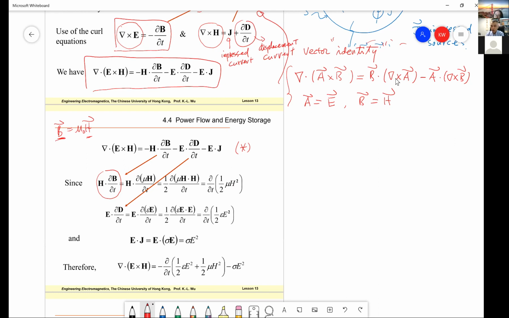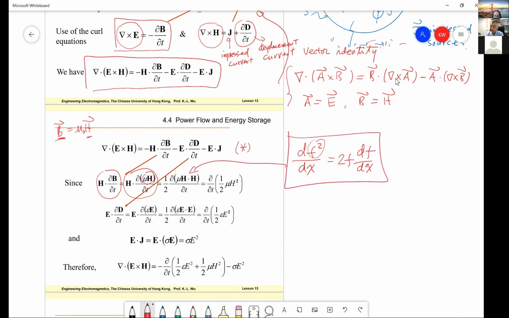So we replace B by this, and because of the derivative with time, if we have f squared and take the derivative with respect to x, this is 2 times f, then df dx. We use this relation here.